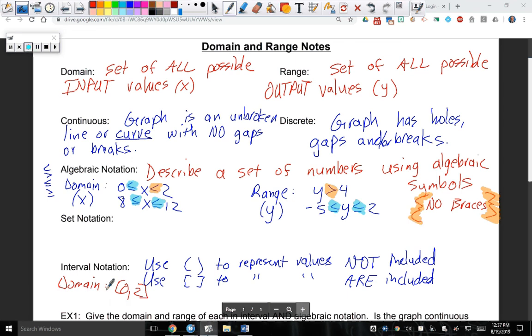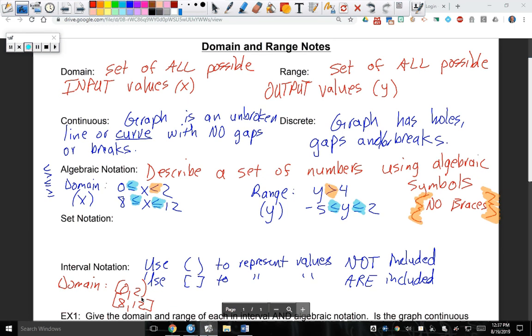And also you could say from 8 to 12, bracket, bracket. Sorry, I did not mean to put a bracket on this 2. What should I have put? Parentheses.